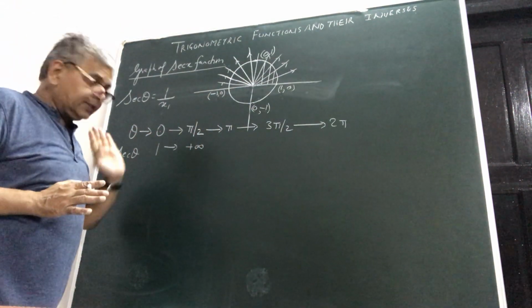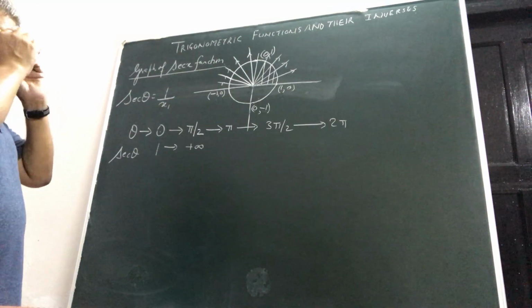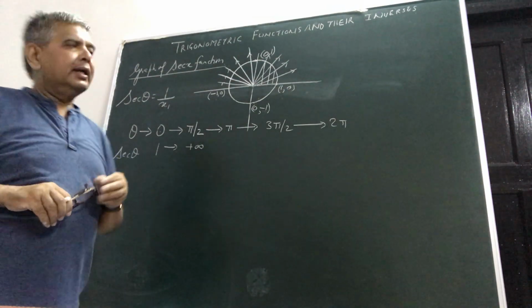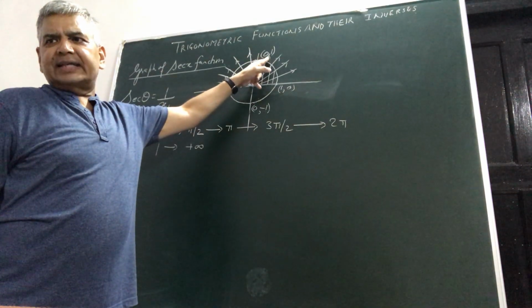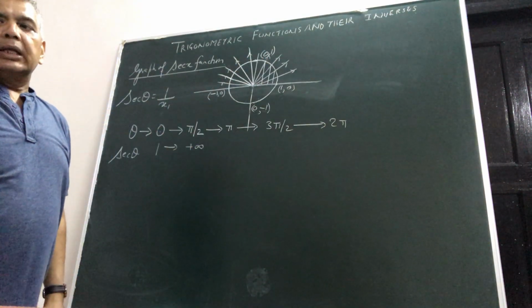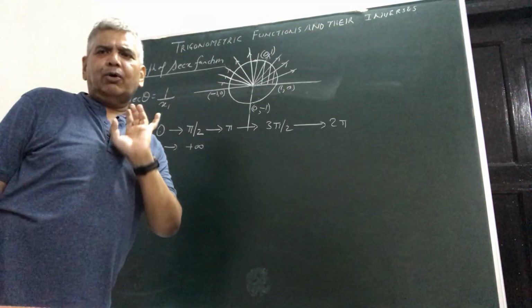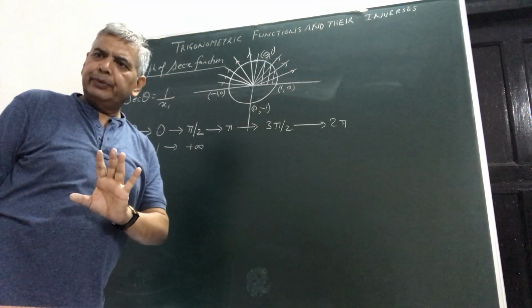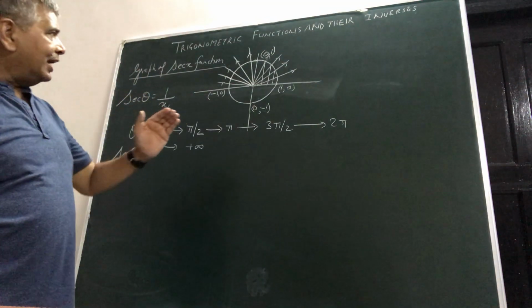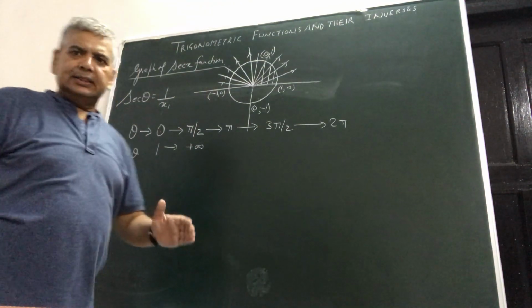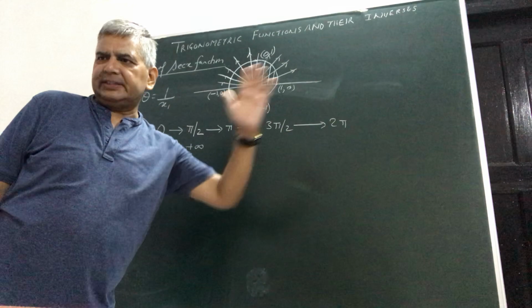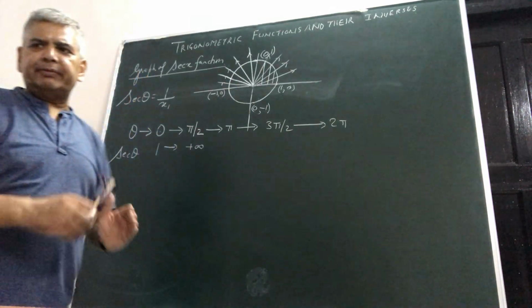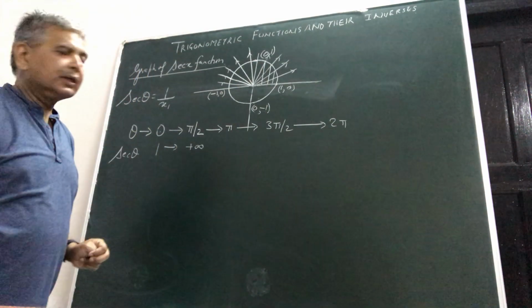So what is actually happening? When we are right on the first quadrant side of pi by 2, the values of x1 are very small and positive, and the value of 1 upon x1, that is that of sec theta, will be heading towards plus infinity. Means they will become larger and larger.